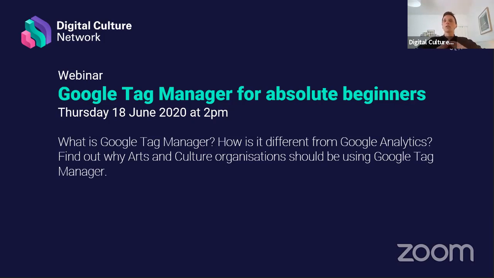Then after that, as I said, in a month's time, on the 18th of June, we're going to go into Google Tag Manager for absolute beginners. And this is where it starts to get really interesting. So the first webinar was around getting it on your website and installed. This one was making sure the data quality is where it should be. And then this third one is about configuring events and extra tracking that really make it easier to understand how your users are interacting with your organization, and what's useful for you to find out.